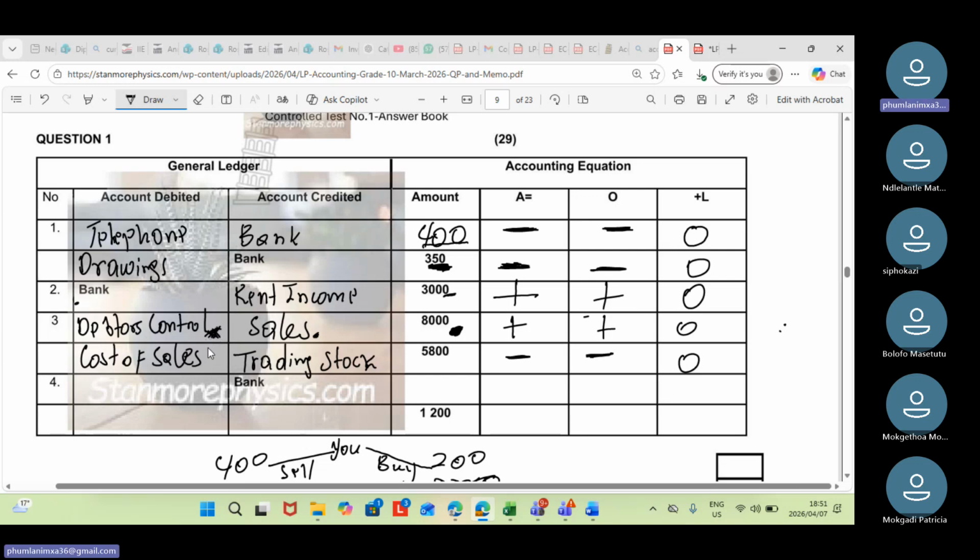But if goods were sold cash, instead of having debtors control where I'm highlighting, guys, can you see where I'm highlighting? instead of having debtors control, you're going to have bank because you have sold goods cash and then you are getting money in your bank account. Bank is the account to be debited when goods are sold cash to customers.